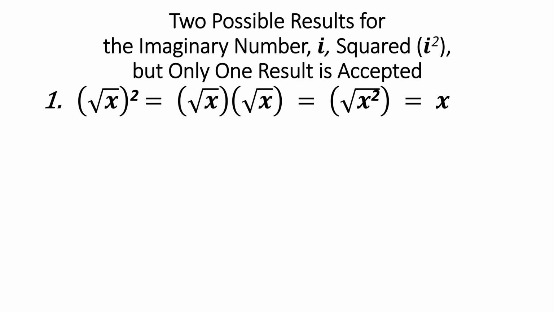As you can see, the square root of x being squared is the square root of x multiplied by itself, which, using radical notation, is that number multiplied by itself combined under the radical, which gives the result as that number x. So in essence, the square root is cancelled by being squared.